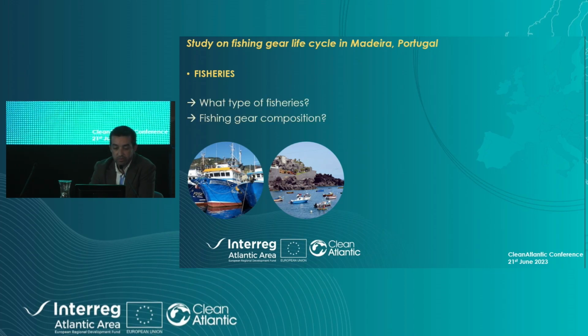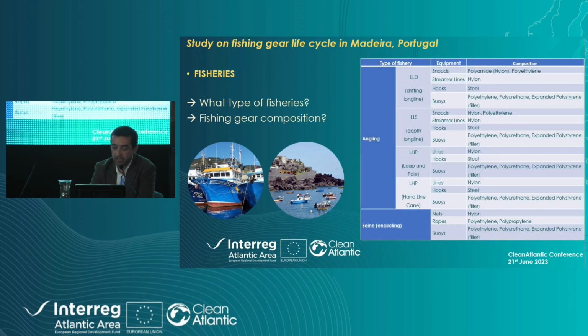Now, starting with fisheries, we need also to understand what type of fisheries we have and what is the composition of fishing gear. And so in Madeira we have two larger types of fishery, angling and seine. We have a small fleet and with very artisanal gear.